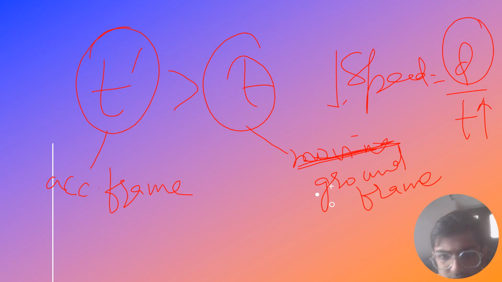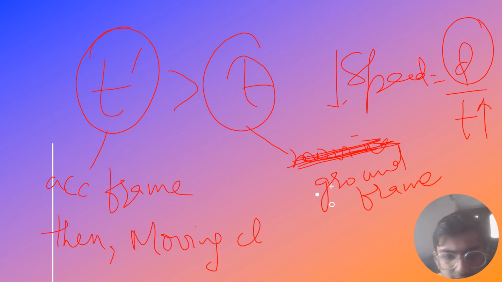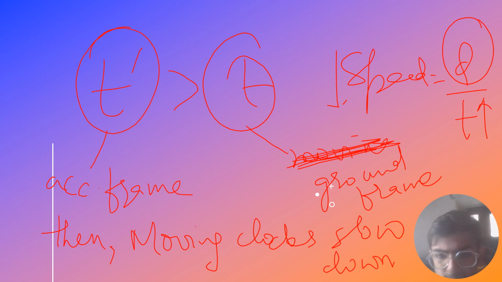So moving clocks slow down. But here again, one misconception is there. What I'm calling the accelerating frame and what I'm calling the ground frame is relative.